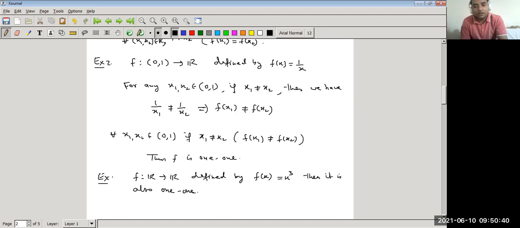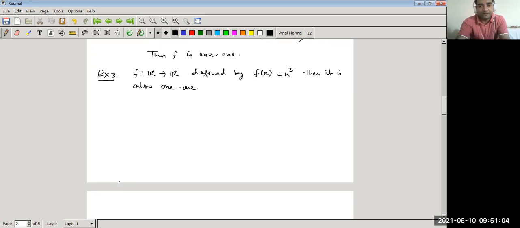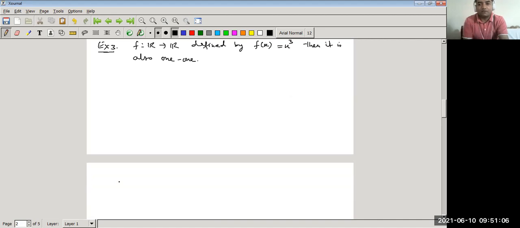You can try to solve this example by the same method that we have discussed in example number 2. If I get time, then I will discuss the rigorous proof of this example. So in this way, we can define whether the function f is 1-1 or not 1-1.